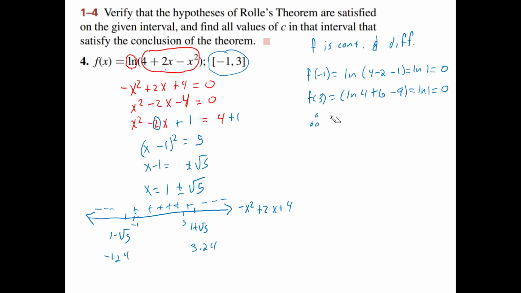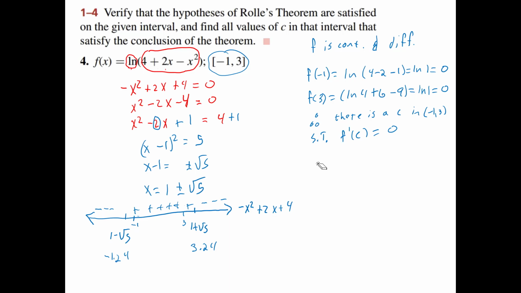Therefore, there's a c in the interval from -1 to 3 such that f prime of c is equal to 0. So now we have to find it.